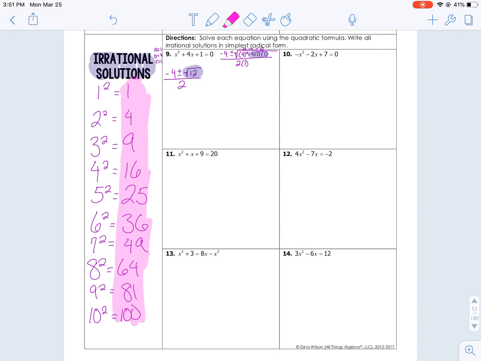I want to know the biggest number that I can multiply to get 12. 100 times nothing won't give me 12. 81 times nothing will give me 12. I'm going to keep marking out the biggest options. 9 doesn't go evenly into 12, but 4 does.